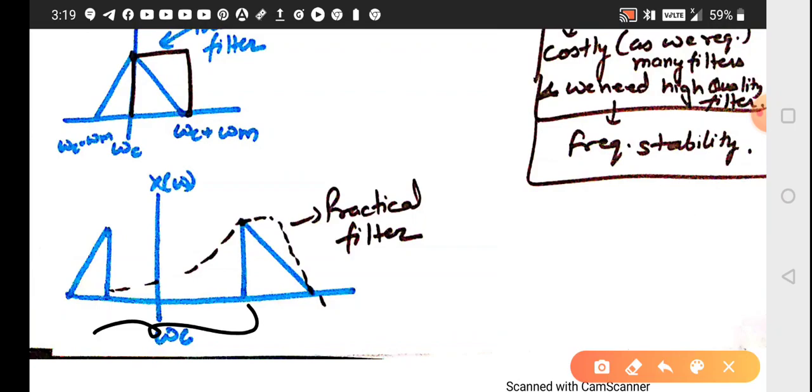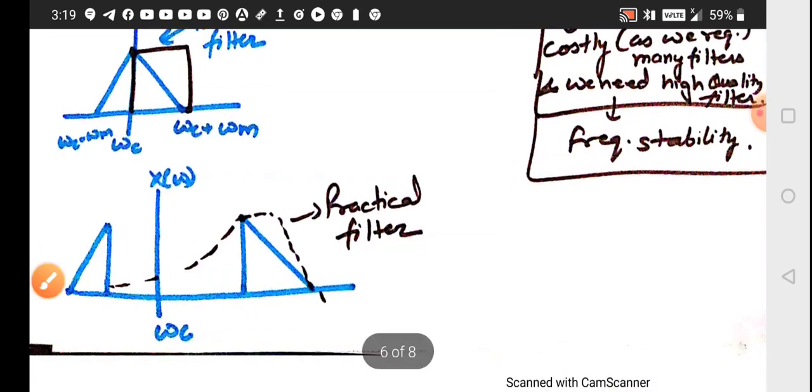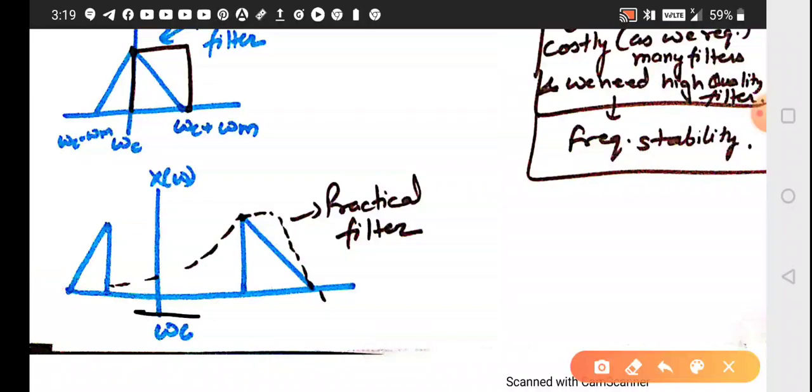Let's say the message signal in this case starts from 300 hertz. So the upper and lower sidebands are separated by 300 times 2, which is 600 hertz. I am writing here, this separation is 600 hertz.